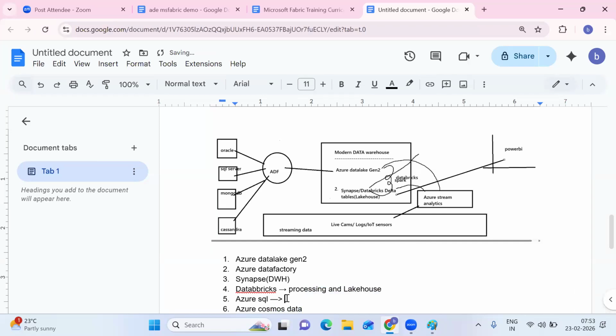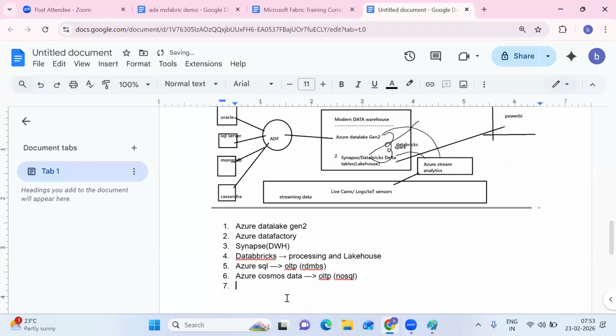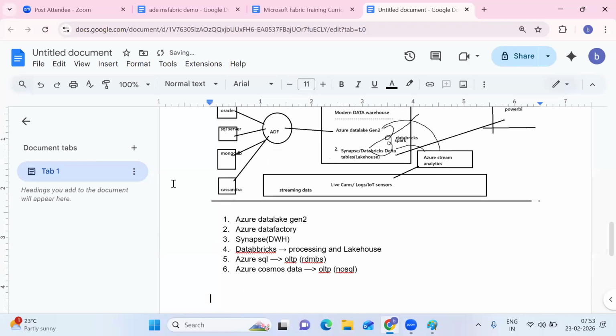Azure SQL is used for OLTP, of RDBMS type. And Cosmos DB is also for OLTP, but this is a NoSQL database, similar to MongoDB, Cassandra, such kind of things. Good. So if you are a data engineer, mainly your weapons are these four.